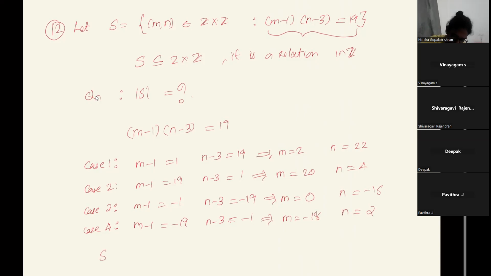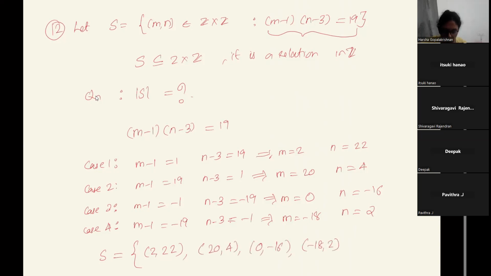So, what are all the elements in S? The set of all (m, n) which satisfy the condition. We solved the condition and we got the possible (m, n) values, right? The elements are (2, 22), (20, 4), (0, minus 16), and (minus 18, 2).